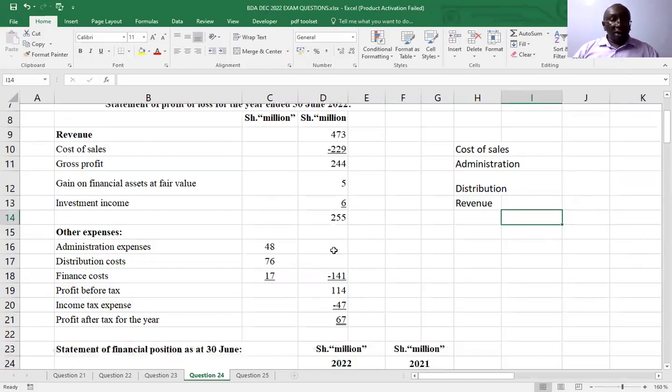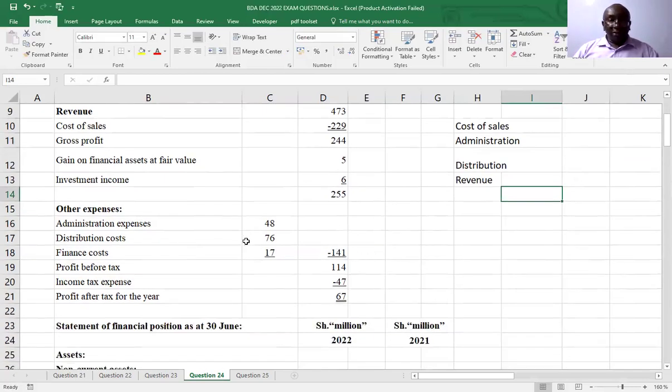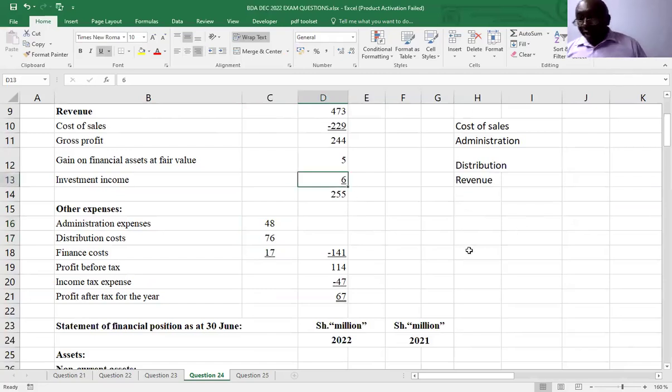So we were looking at these expenses going bottom up. So we are done with finance, we are done with distribution, we are done with administration. Okay, we move on to investment income. Now this investment income, it is an income that is not part of our normal business.